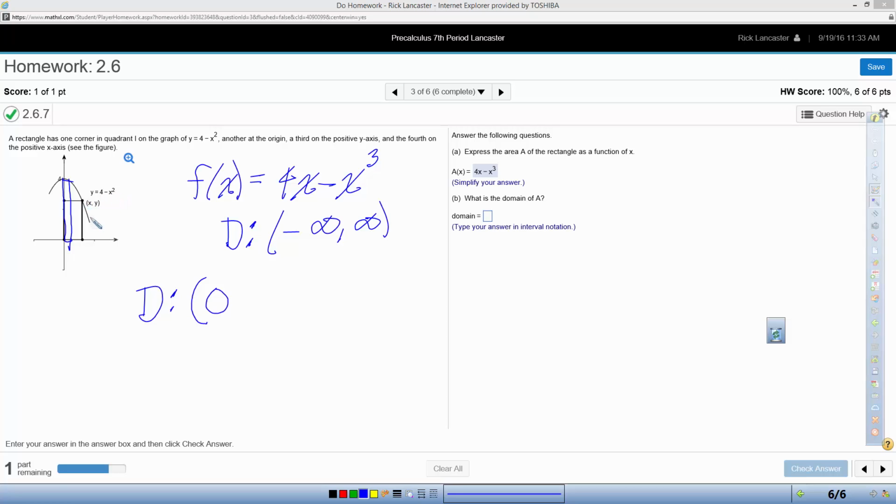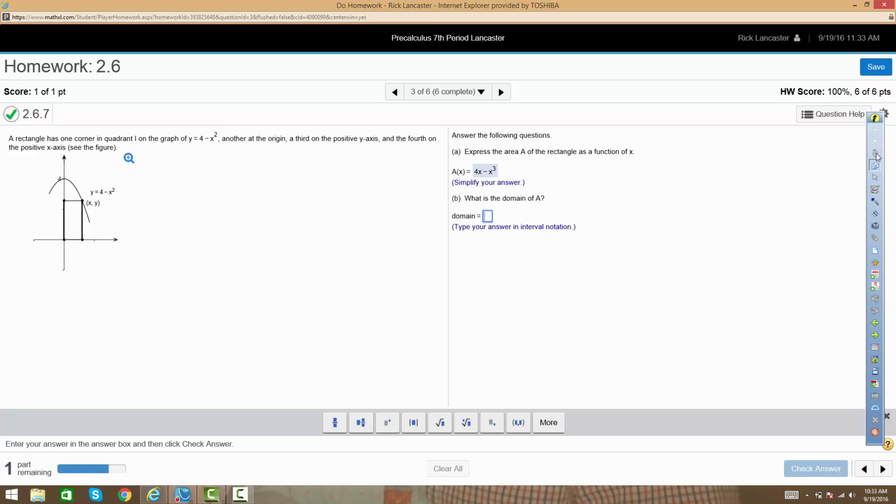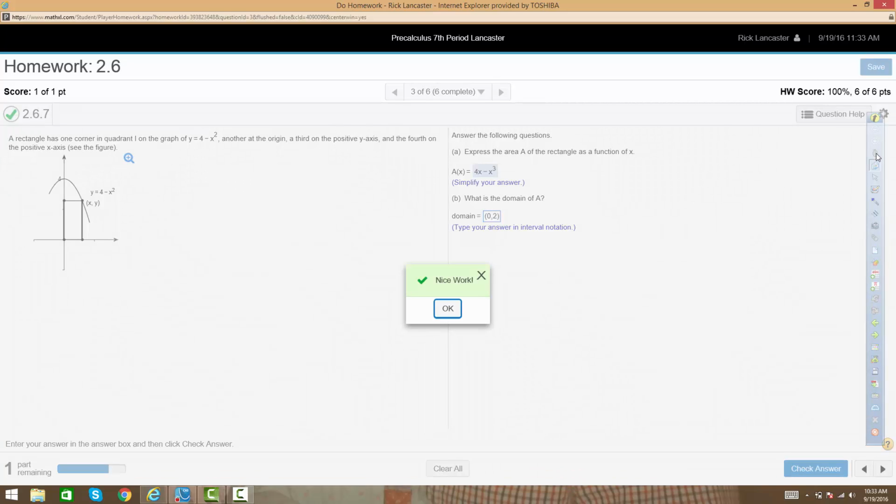So I'm going to have an x-intercept here at (2, 0). So I could go almost completely up to 2, but not quite 2. So my domain is going to be the open interval 0 to 2. So we'll go try that. So I'm going to put in the template, 0, shift over, 2, check answer, and the book likes that.